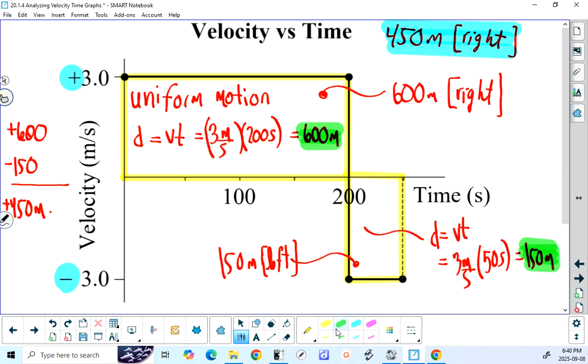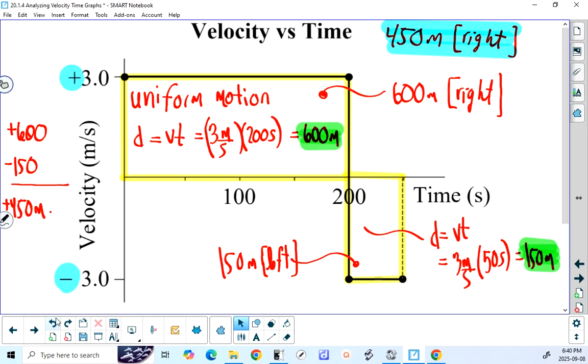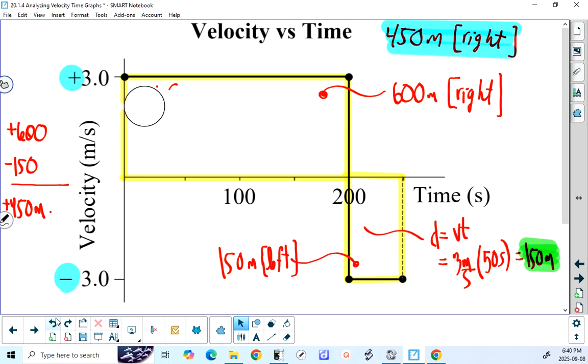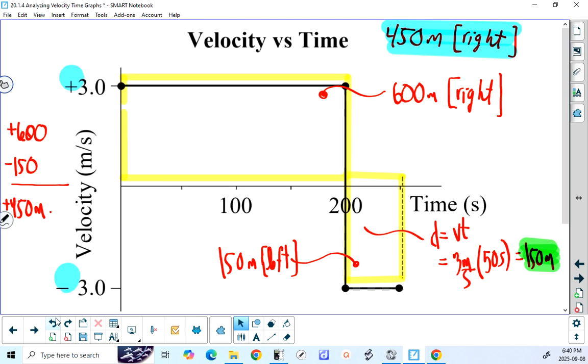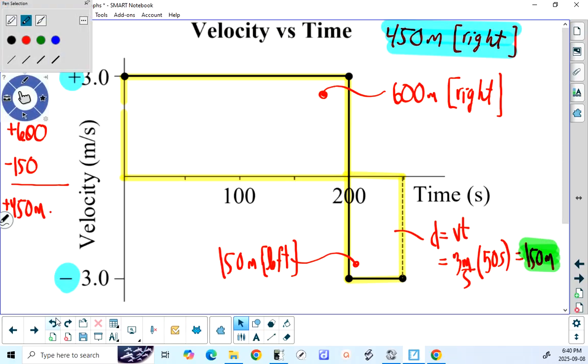All you need to do, and I'm going to erase some things here so that I can repeat this whole process, is don't worry about physics, worry about geometry. And ask yourself what the area of these shapes is.